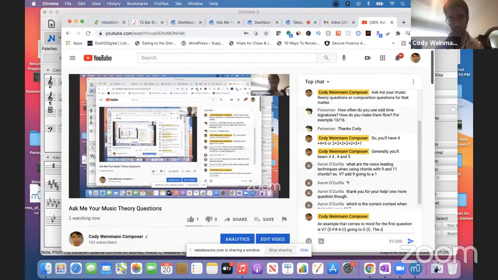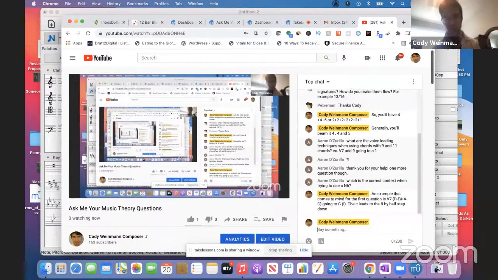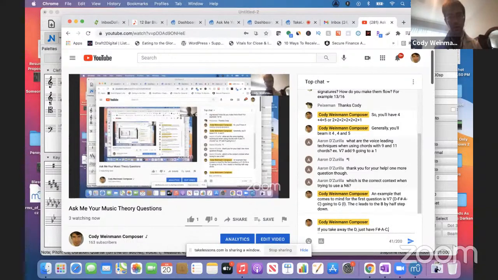The C leads to the B, half step down. If you take away the D, just have F sharp, A, C, then you'll have a leading tone.